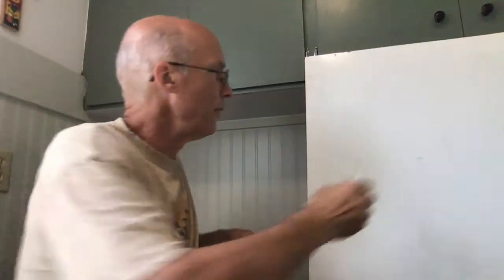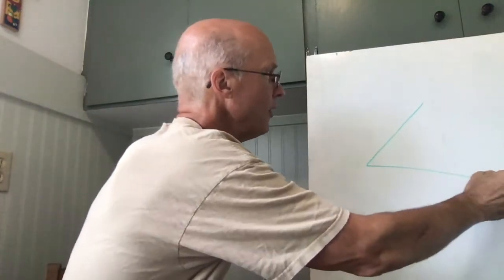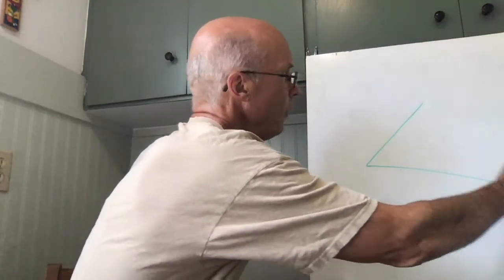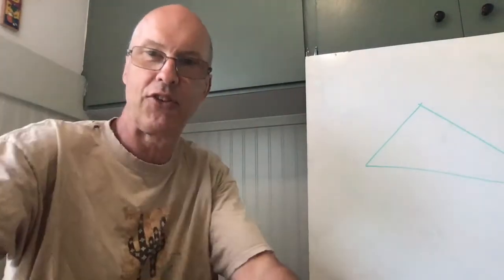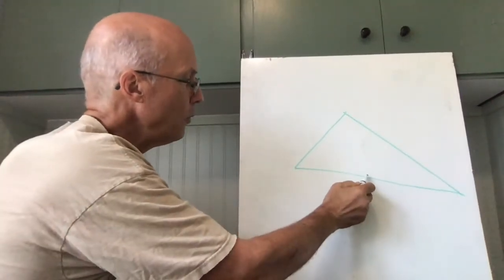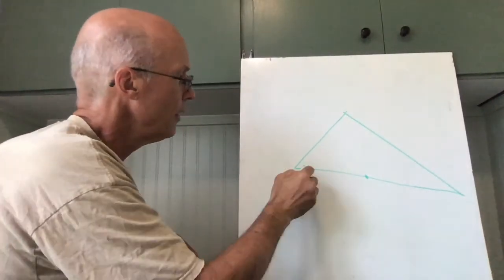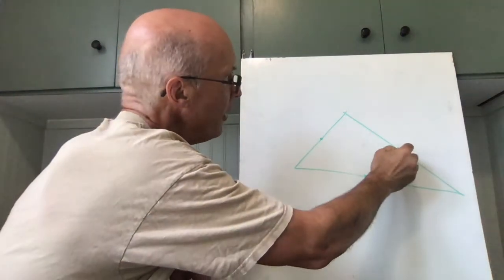What's next? Do you remember when we did trapezoids, we talked about mid-segments? Well, triangles can have mid-segments too. The mid-segment here would be whatever is the center here, and whatever's the center here.